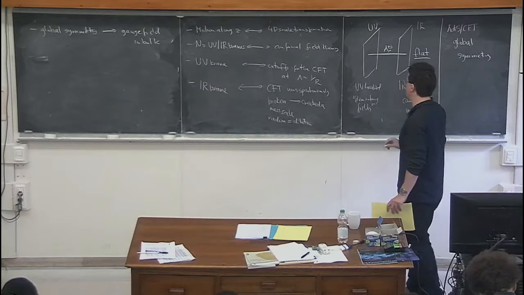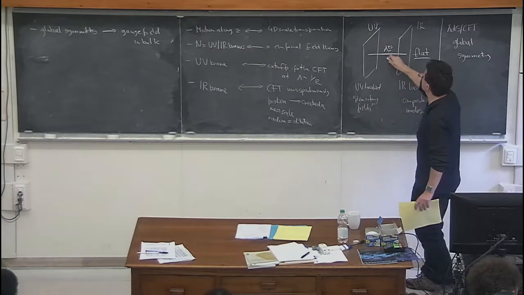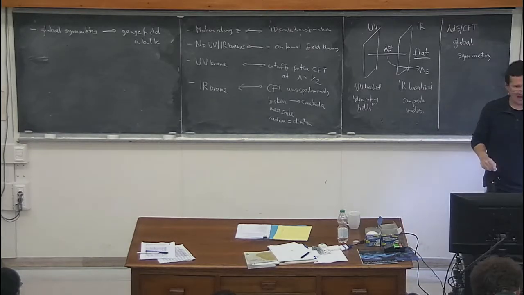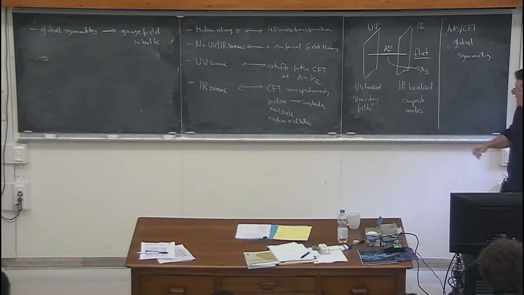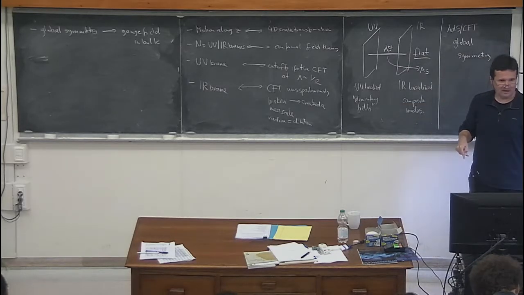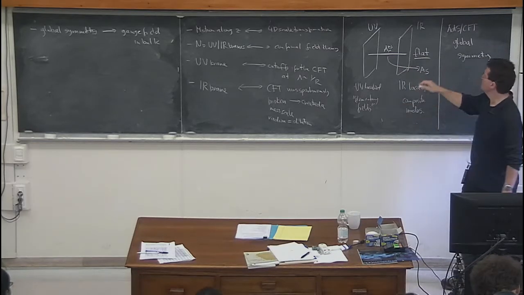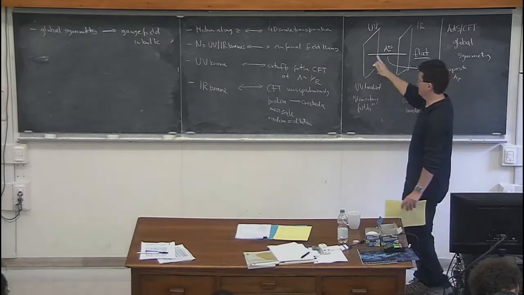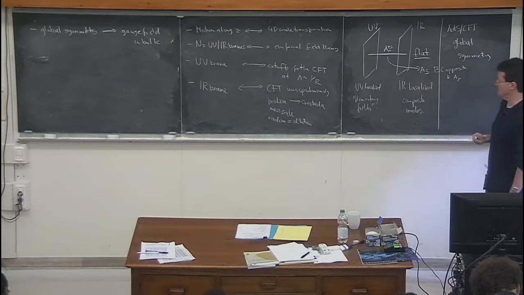And the other thing that is really important is that the corresponding A5 mode is going to have boundary conditions that are opposite to the boundary conditions of the corresponding gauge mode. So its boundary condition is opposite to A mu.